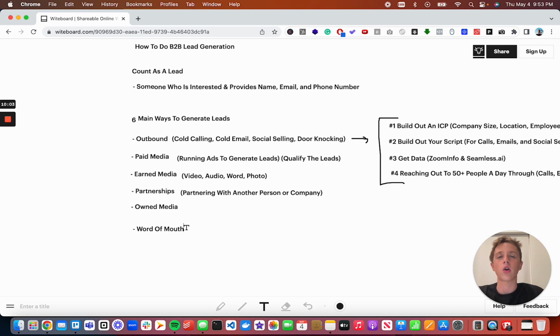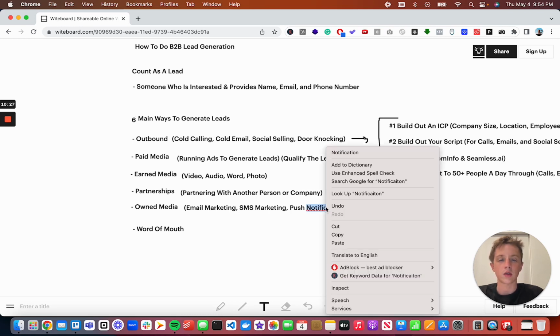Next is finally owned media. So this is going to be a way to generate leads. This is not, I would say, super popular for B2B just because owned media is following up with people who have already interacted with your business. So things like email marketing, SMS marketing, if you have a push notification list, and let me make sure that is spelled right.